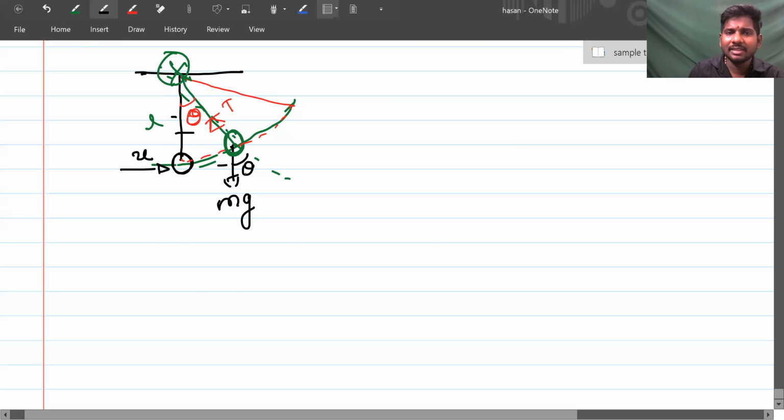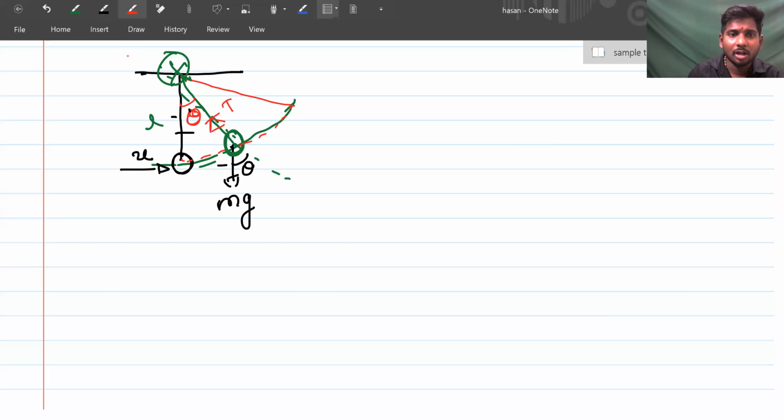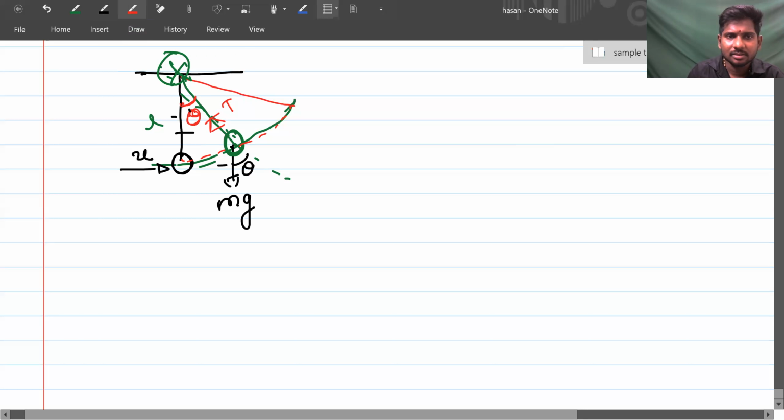The line makes equal angles with the two lines, because they both are parallel. Then this will become mg cos theta.